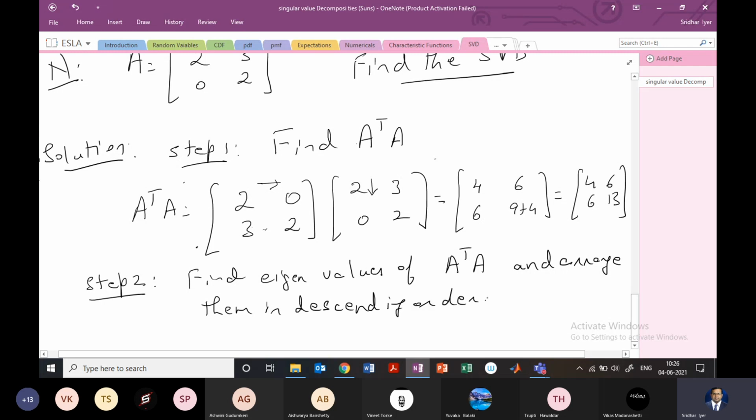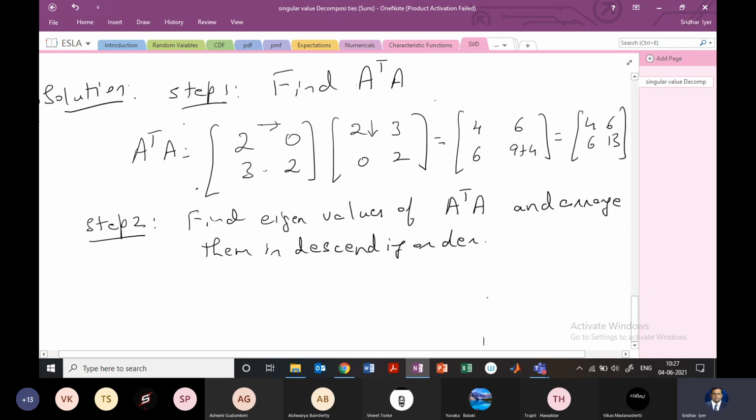Okay, so we'll arrange them in descending order a little later, but for this A transpose A, you need to find the eigenvalues. That means you need to find the determinant of A minus lambda I equal to 0, right? But please be careful here. This A is not just the A which is given to us. This is actually A transpose A, right? So what we need is this 4 6 6 13.